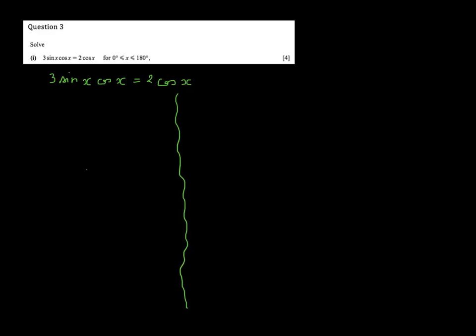So, divide both sides by cos x, and we get 3 sin x equals 1, sin x equals 1 over 3. Using the calculator, x is 19.5 degrees.